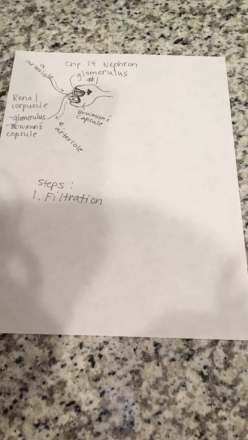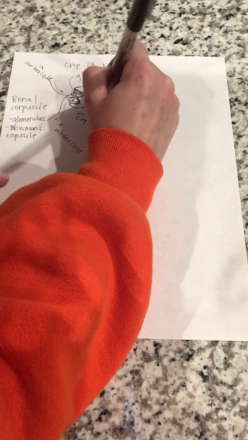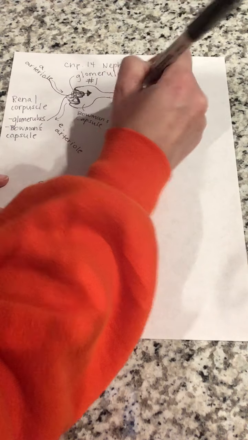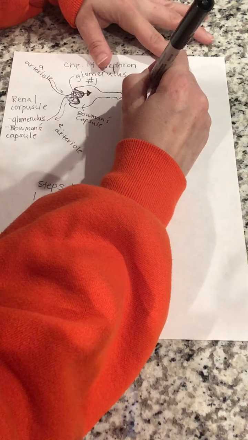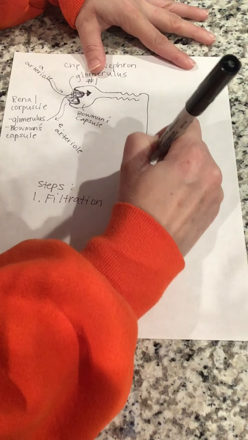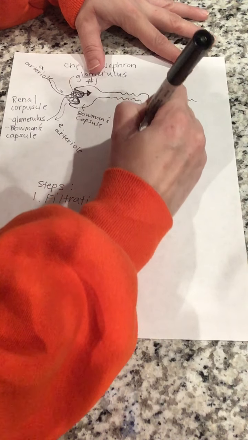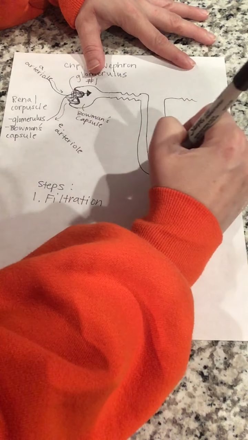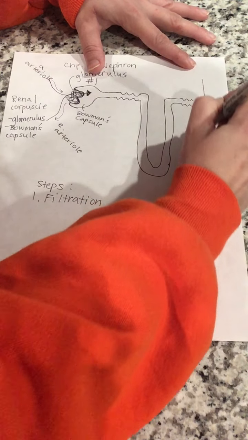Next, we're going to move into the renal tubule, and it has a number of different parts. So I'm just going to draw it right quick here. If I had a little more space, I would draw it a little bit bigger. So we've got that, and then we're going to move into here.